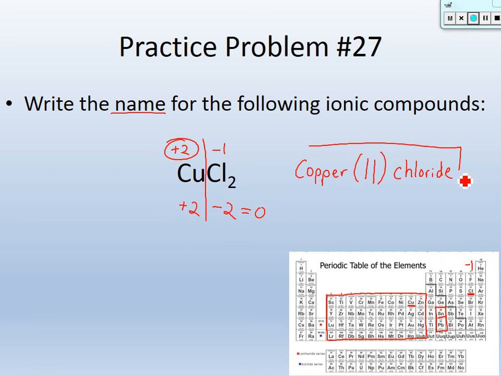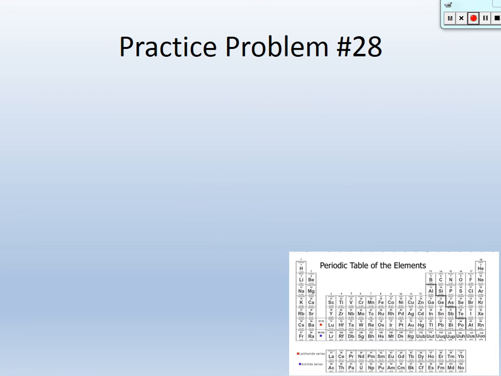II. So that compound here, CuCl2, is copper 2 chloride. A little bit tricky, right? But I've got a bunch of practice problems coming up. We're going to go through almost every example I can think of that you'll see.